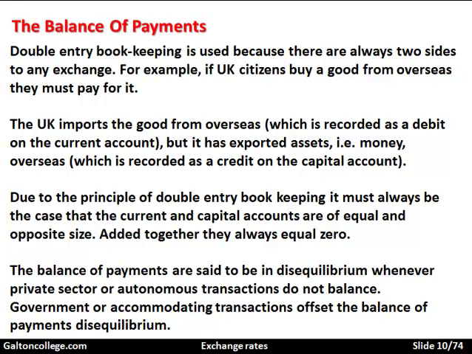So we have government or accommodating transactions which offset this imbalance. And that's how we know the balance of payments is in equilibrium or not. It's the extent to which, let's say, the Bank of England, in the case of the UK, must enter the market and pay for the difference.